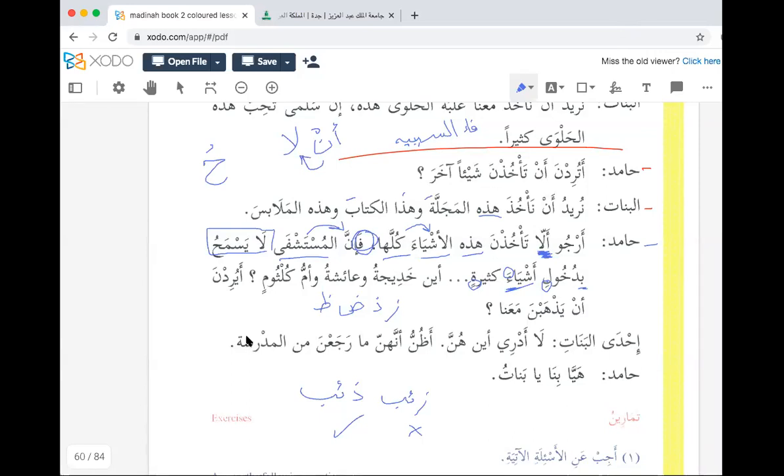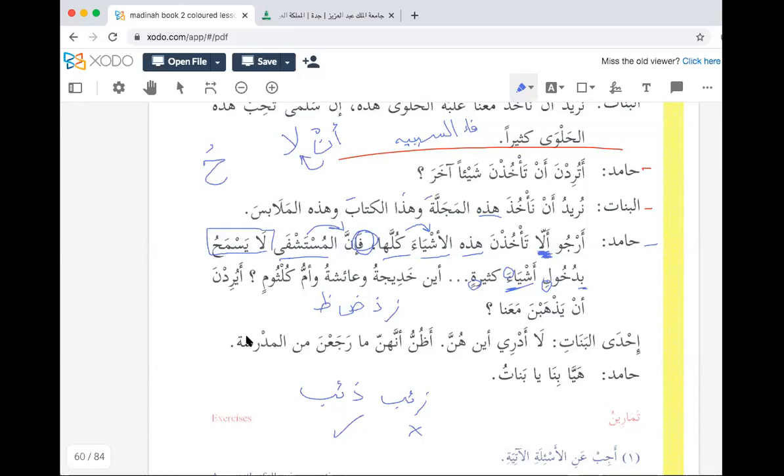It's مضاف إليه. دخول is مضاف, أشياء is مضاف إليه. No, عفوا, الدخول is مضاف, أشياء is مضاف إليه. And كثيرة is نعت. أحسنتم. That's nice. But you have to notice, why does dukhul only have one kasra, even though there's no alif or lam?